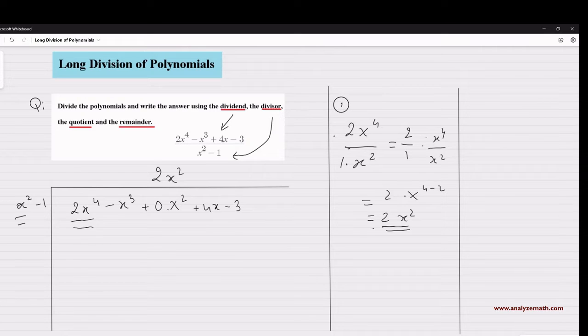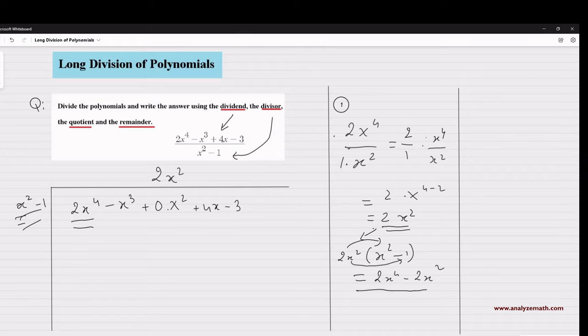The next step, we take this polynomial 2x^2 and multiply it by the divisor, which is x^2 minus 1. Multiplying 2x^2 by x^2 gives me 2x^4, and 2x^2 by minus 1 gives me minus 2x^2.